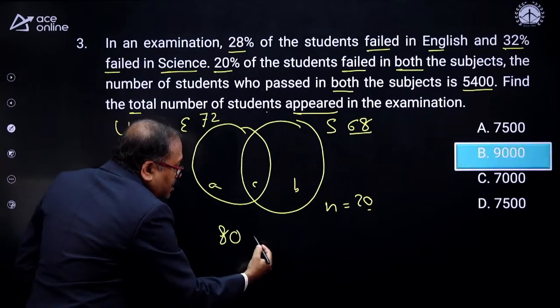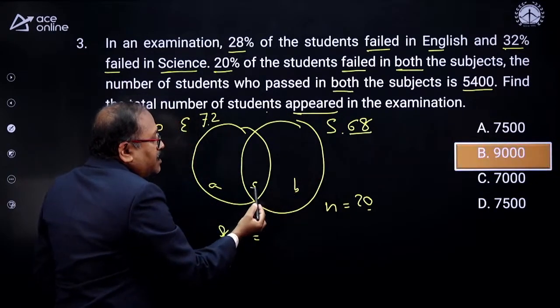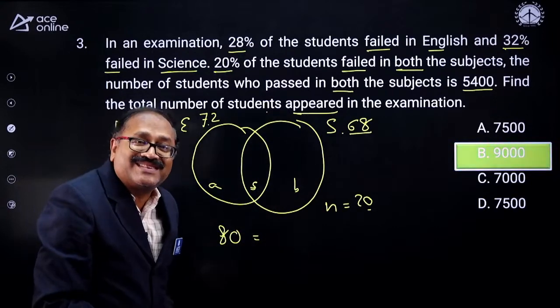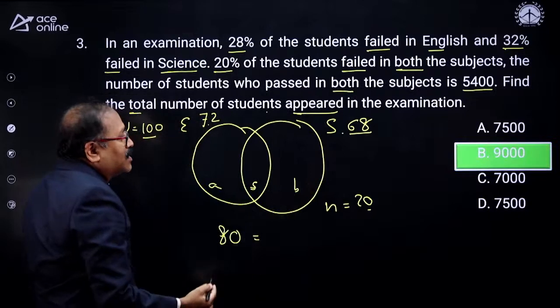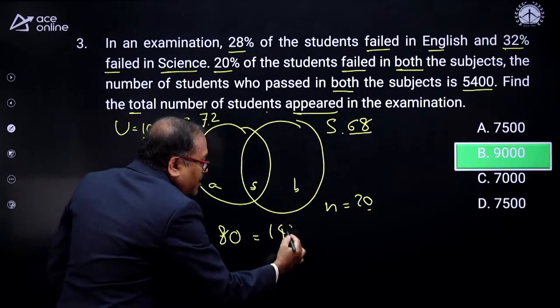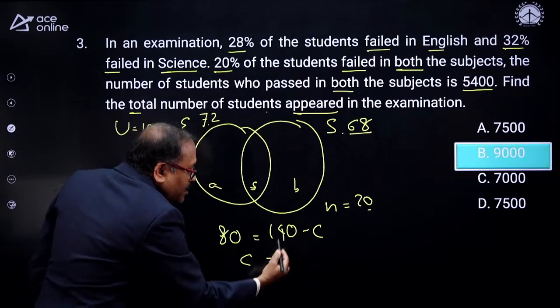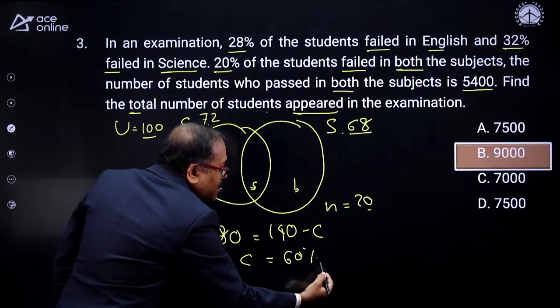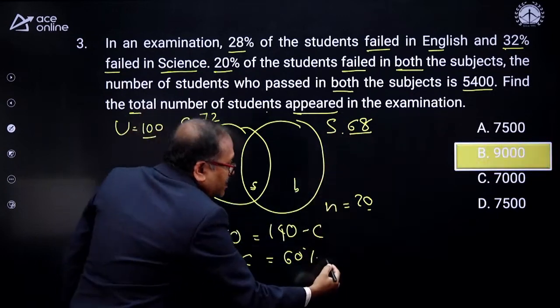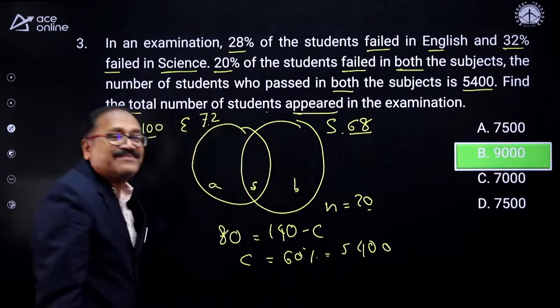Now 80 is equal to N of A plus N of B minus N of A intersection B. That is 72 plus 68, which comes to 140. 140 minus C. So what is the C value? C is nothing but 60%. And that 60% is equal to 5,400, those who passed in both the subjects.